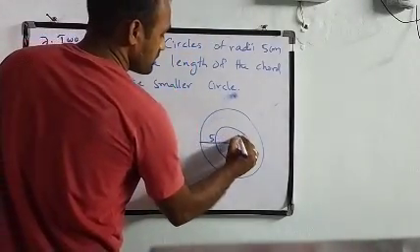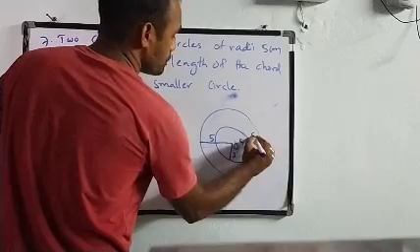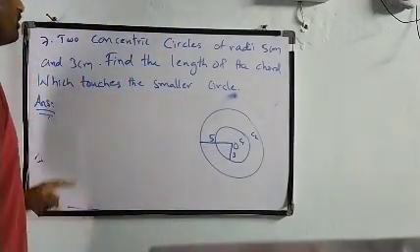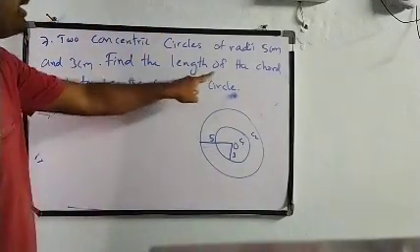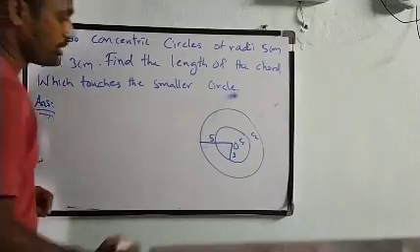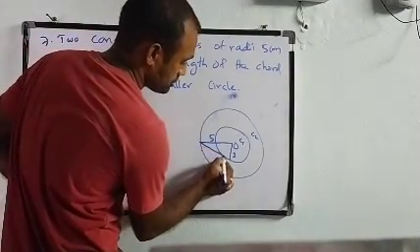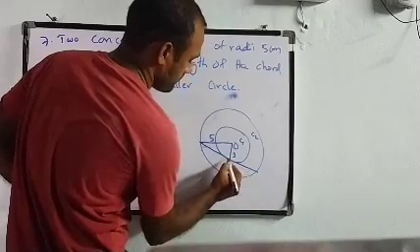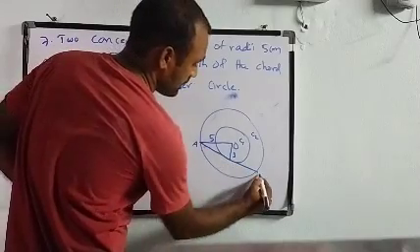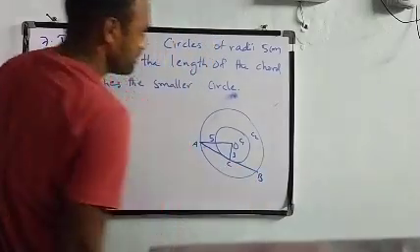So this is circle C1 and this is C2. We need to find the length of the chord which touches the smaller circle. So this is the chord which is going to touch the smaller circle. Let us give the chord name as AB. It is touching at C.